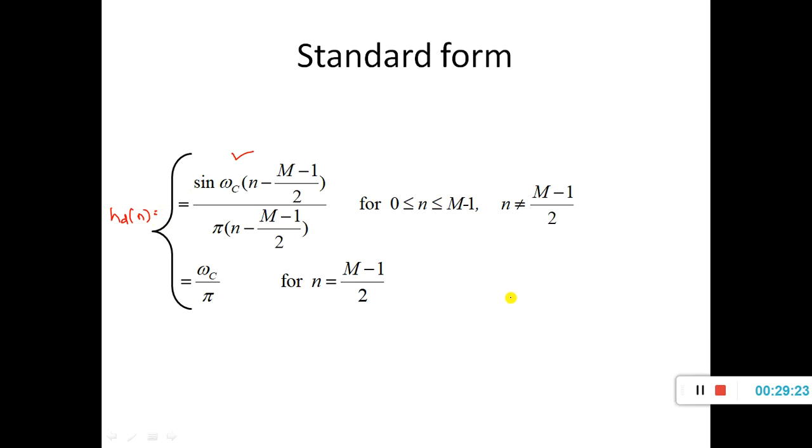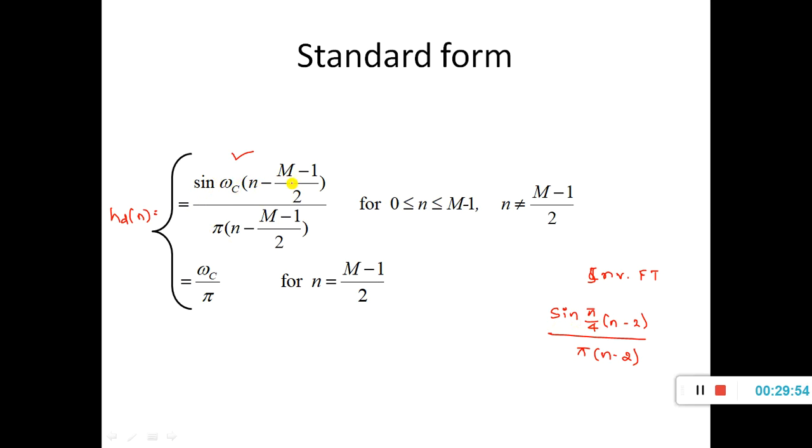As we know, for this particular example, we got the answer as sine of pi by 4 into (n minus 2) divided by pi into (n minus 2). This was the answer that we received, right? We got it by performing the inverse Fourier transform, that is, by performing the integration.